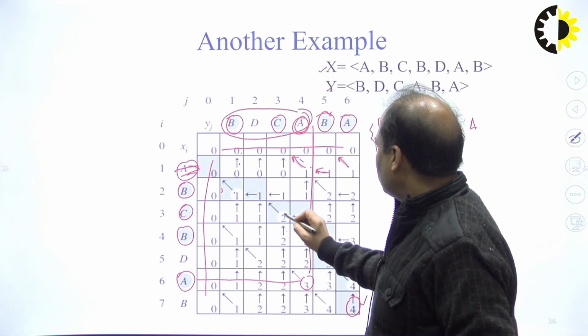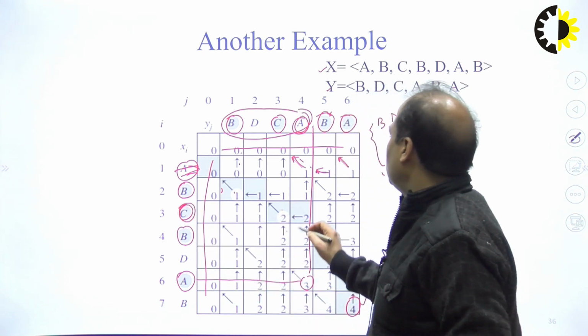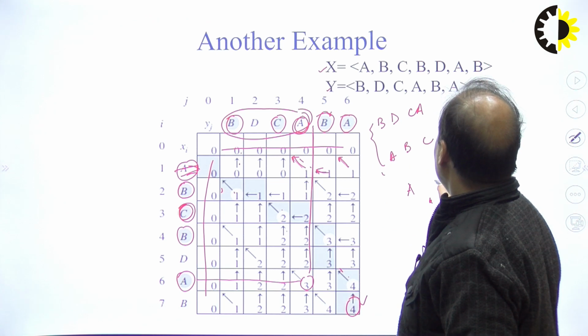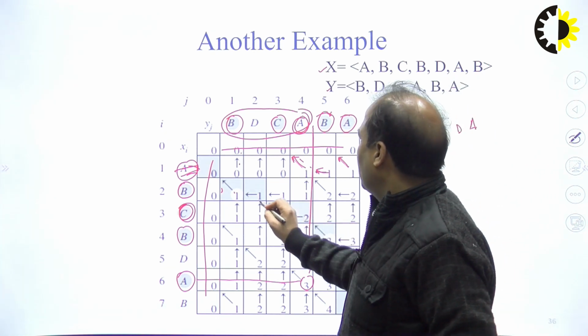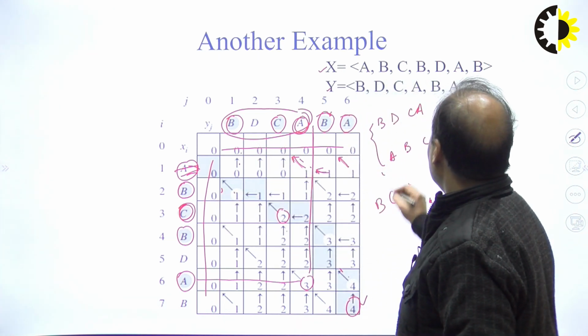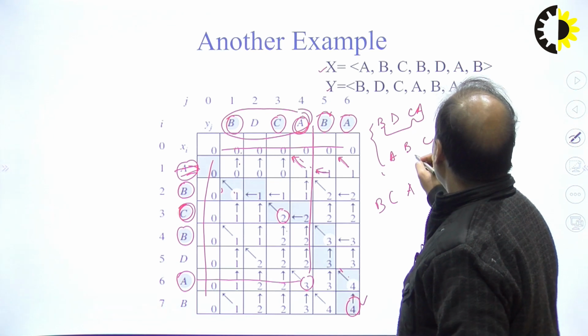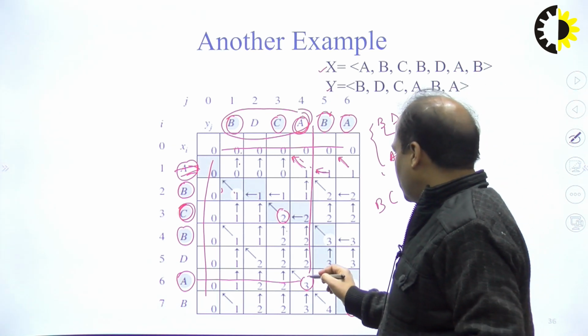We are interested over here, and that means then C and C, right? C is here, and then here is B and B, right? That means BCA is a common subsequence of this and this. So this is very informative.